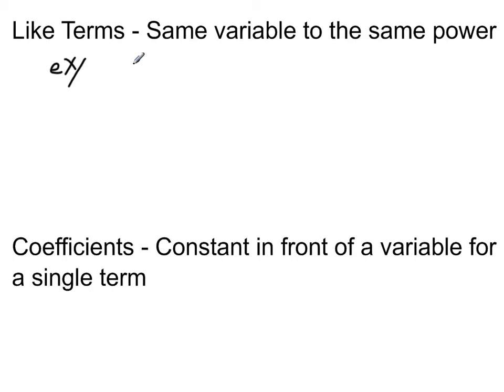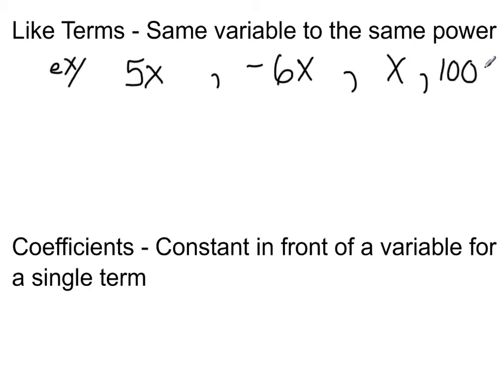If we have, let's say, 5x, and we wanted to see what a like term to 5x would be, I'll give you an example. So I'm using a comma to list off another like term. We could have negative 6x. We could also have x, or 100x.